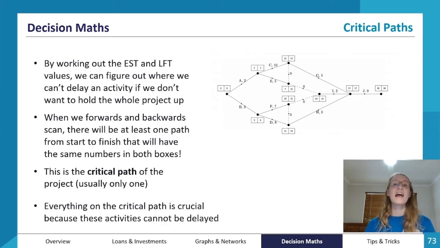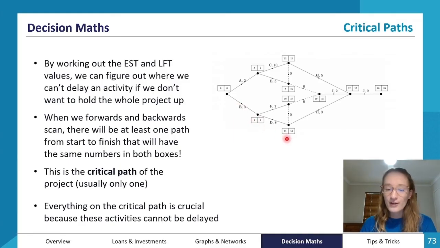And then by doing that, that can actually help us find out the critical path. And the critical path of an activity is what is the order or sequence of activities that, if delayed, will delay the entire project. What can we not hold up if we don't want to delay the whole project?